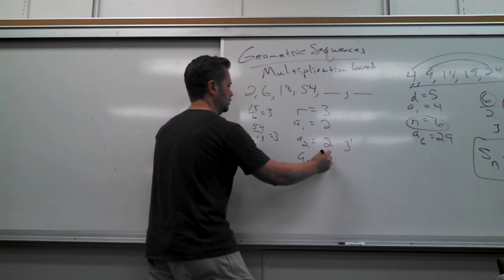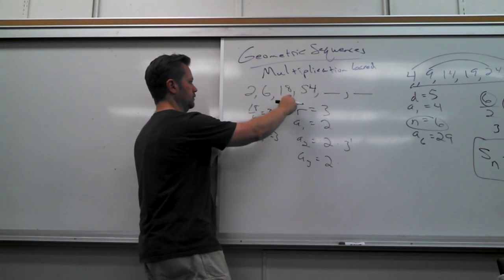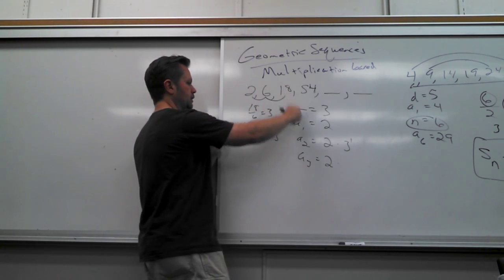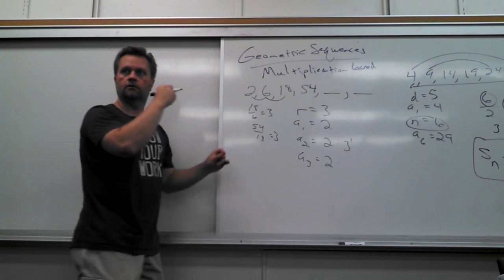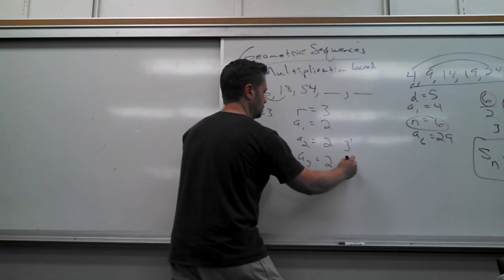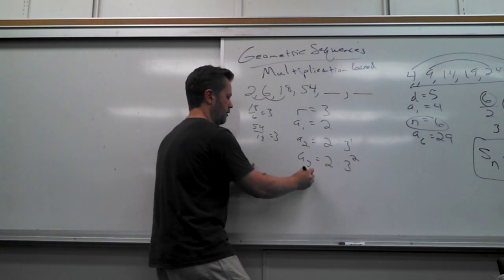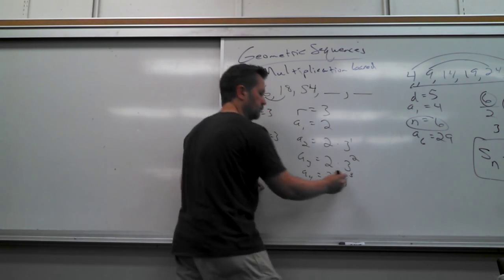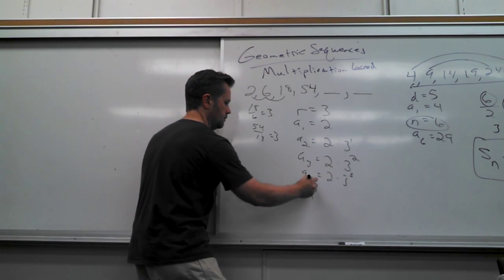To get to A3, I started at 2 and multiplied by 3, and then multiplied by 3 again, and I'm at A3. So I take 2 and multiply by two 3's. For A4, I'm going to start at 2 and multiply by three 3's. So can we go to AN?